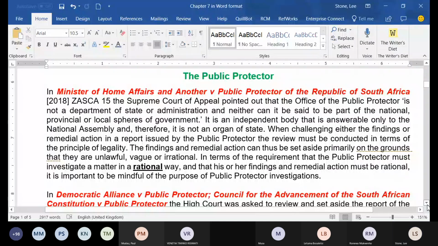And the part that I actually started with in the lecture notes, and which I have to a large extent delayed, is because this particular point that is being made here in the Minister of Home Affairs versus the Act is the exact argument that I was looking for you to make in the answer to question 1.1 of assignment 2.